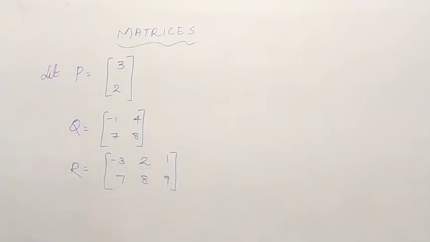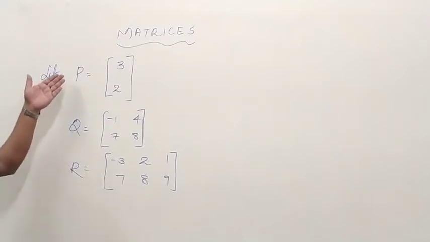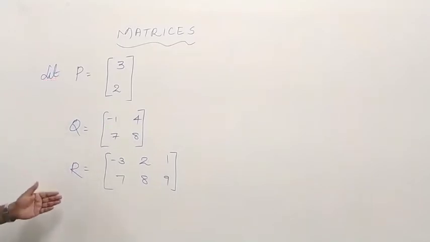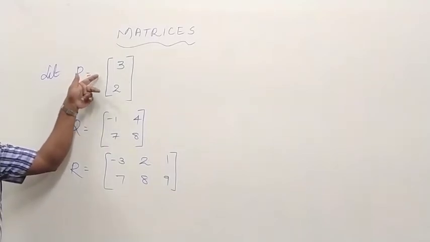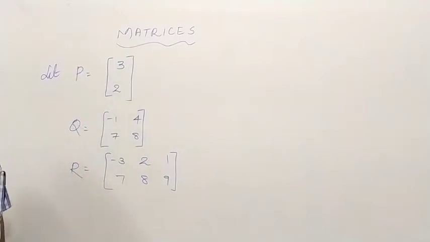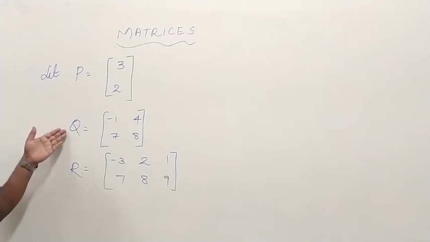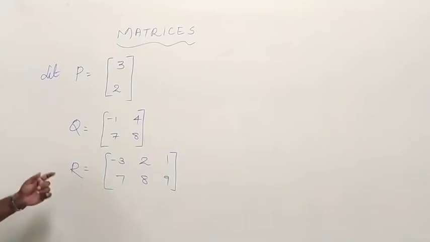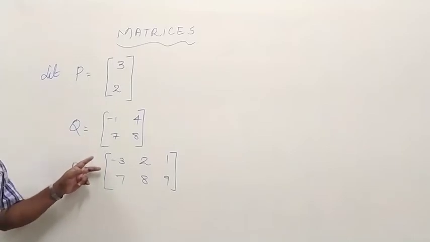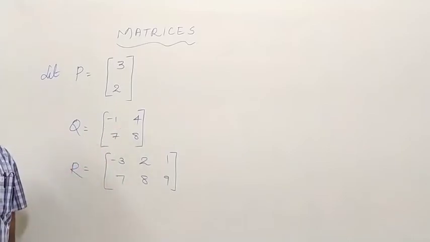Look at these examples carefully. We are given the names P, Q and R. The matrix P has 2 rows but only 1 column, whereas matrix Q has 2 rows and 2 columns, and R has 2 rows and 3 columns.